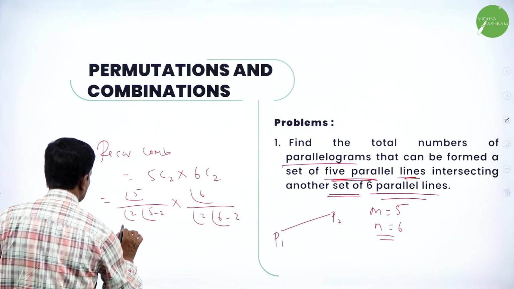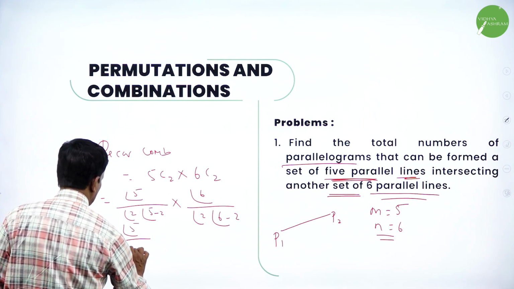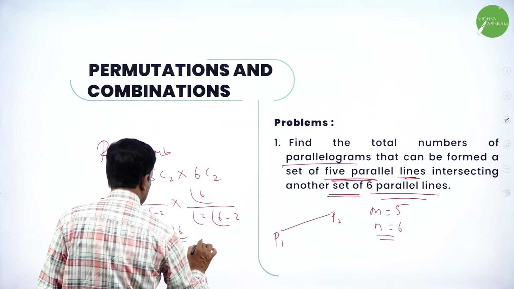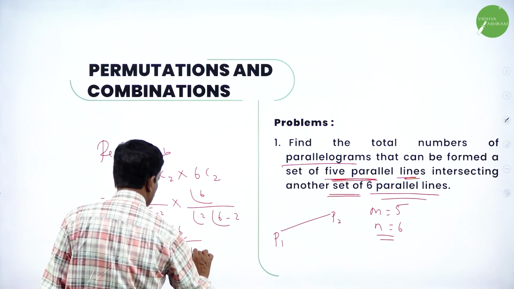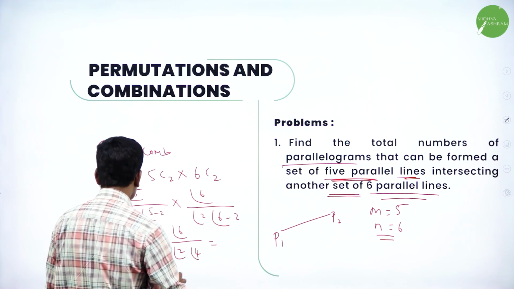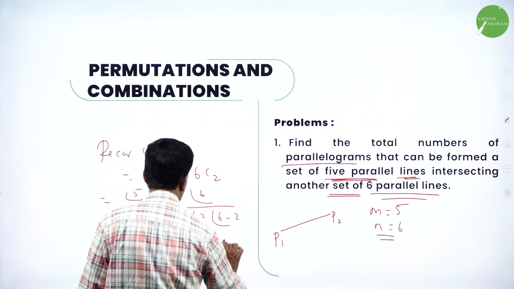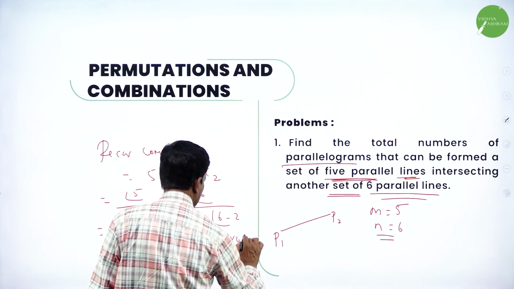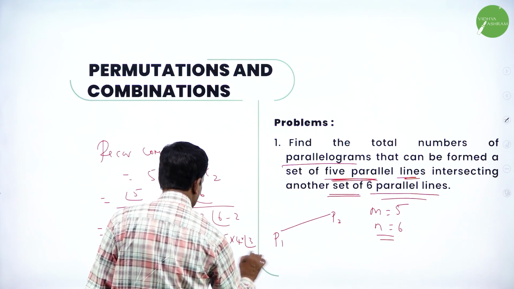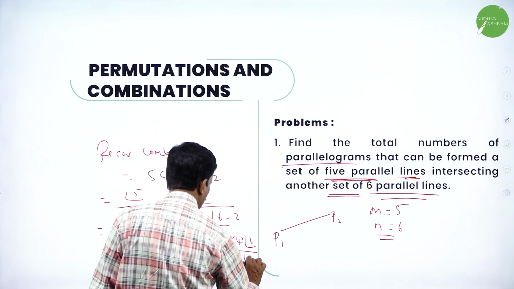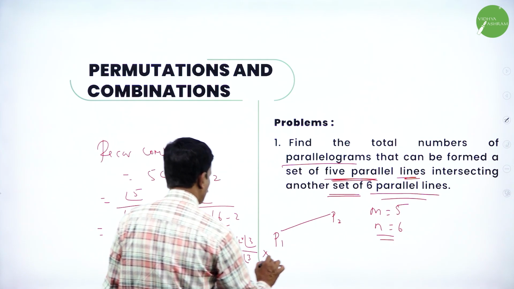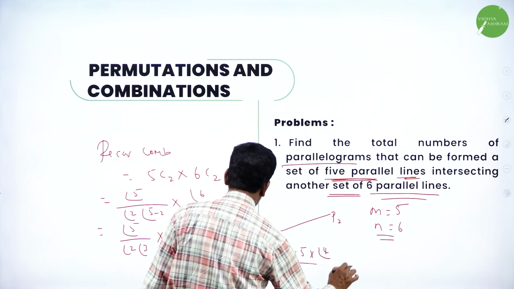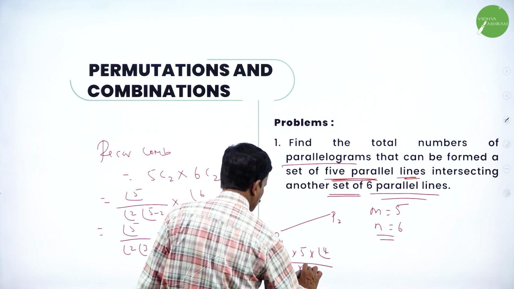What is this equal to? Factorial 5 divided by factorial 2 into factorial 3 into factorial 6 divided by factorial 2 into factorial 4. So this is equal to, factorial 5 is 5 into 4 into factorial 3 divided by 2 into factorial 3 into 6 into 5 into factorial 4 divided by 2 into factorial 4.